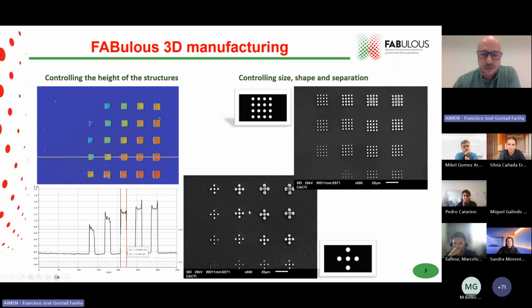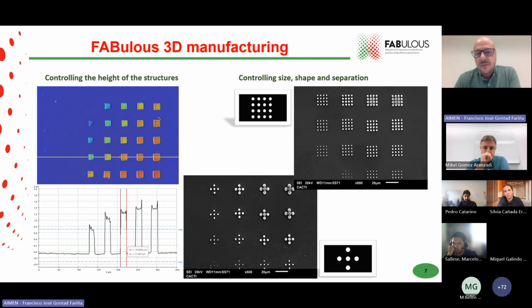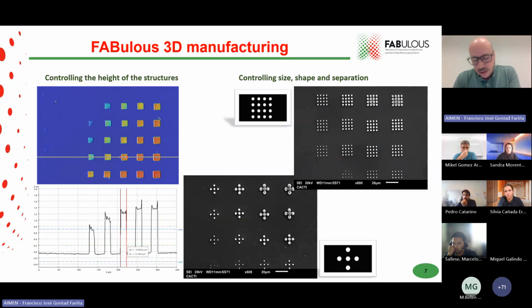And you can observe on the bottom image of the slide, we can define different arrangements that will produce different effects, like, for example, focusing, light bending, but also additional functional surface properties like reduced wettability, change in the transparency of the material, and enhanced transparency without affecting the optical image that we are observing. For example, when we are using this kind of structures in combination with CCD cameras.